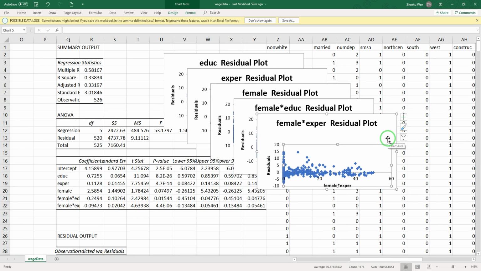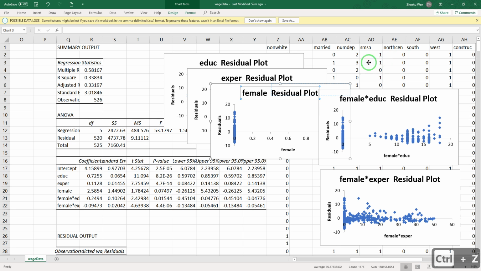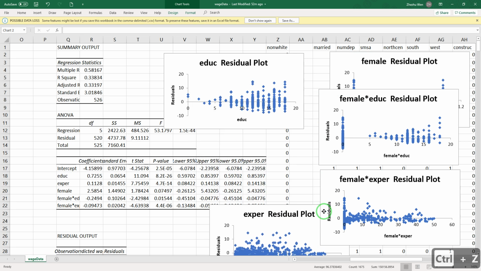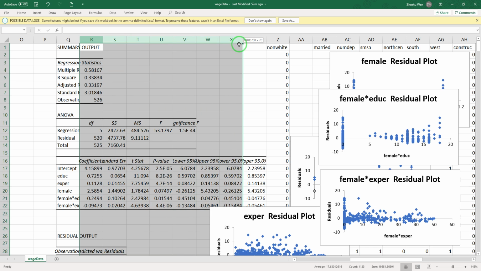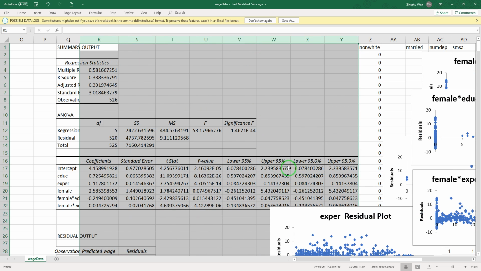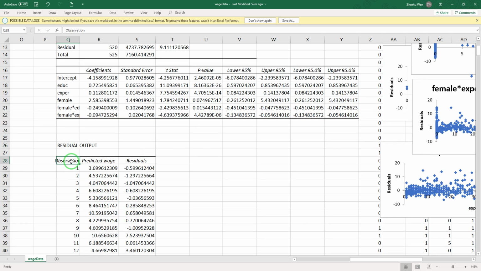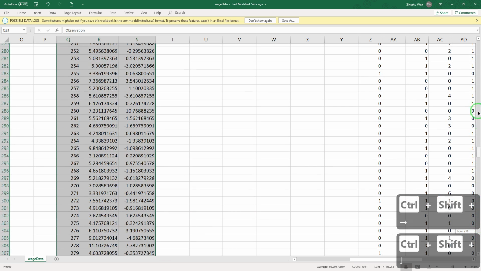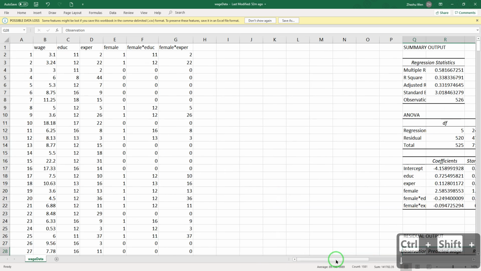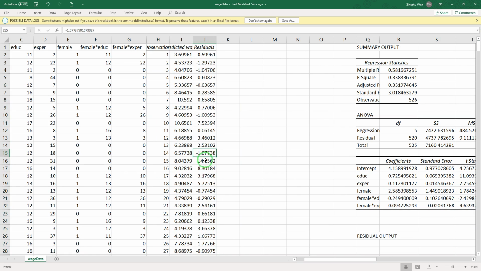You are looking at multiple residual plots because we have multiple predictors here. So I'll just leave it here. These are the model predictors. Let's look at those one by one. Before that, let me move all these to where they should be and present them with a nice layout here.